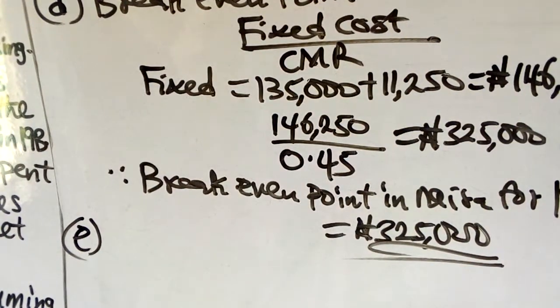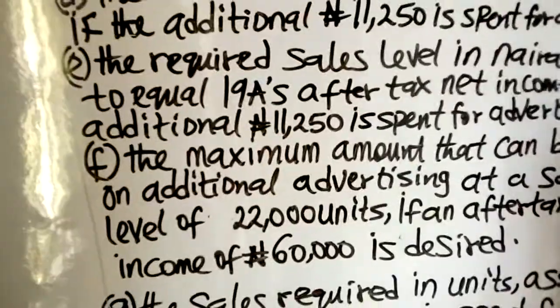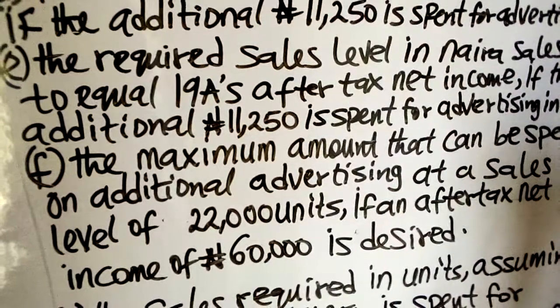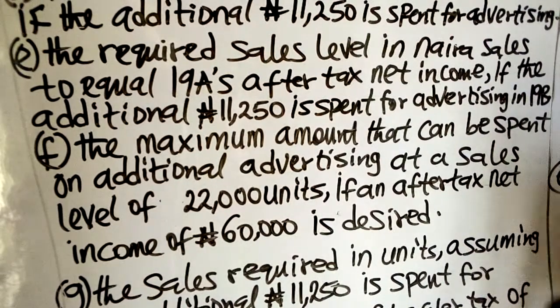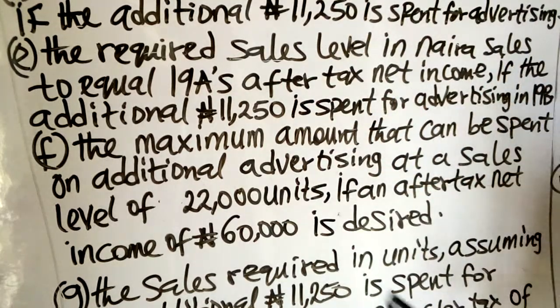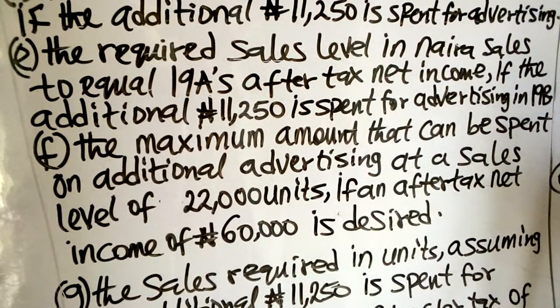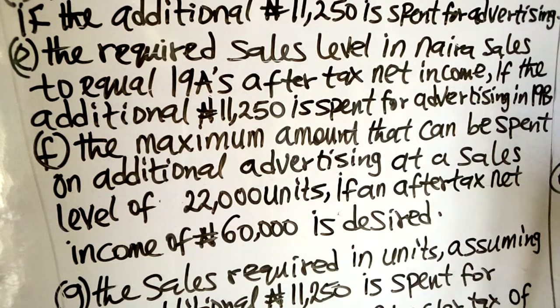Requirement E. Back to the question. The required sales level in naira sales to equal 19A after tax net income, if the additional 11,250 is spent for advertising in 19B.